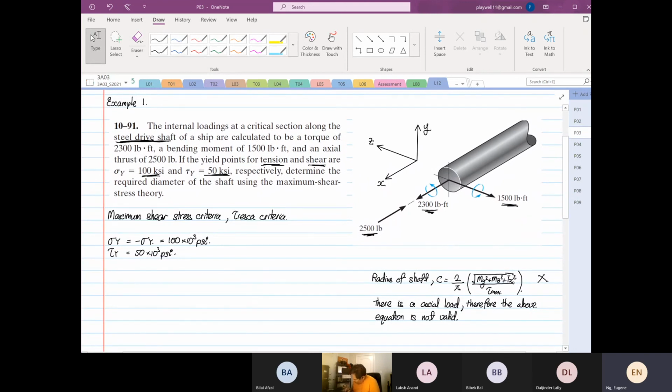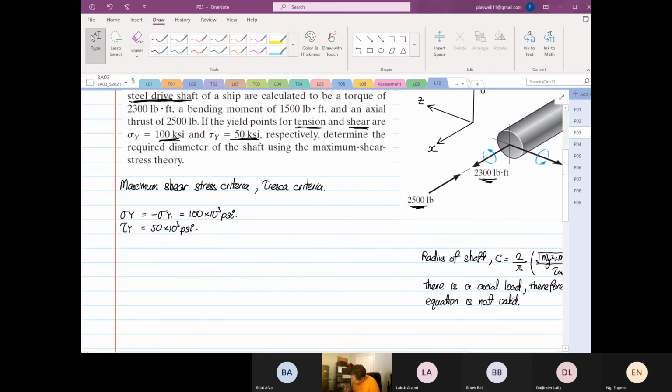Okay, so we have our PX is equal to minus 2,500 pounds, right? And then we have a torque in the X direction. Okay, so torque in the X direction is equal to 2,300.